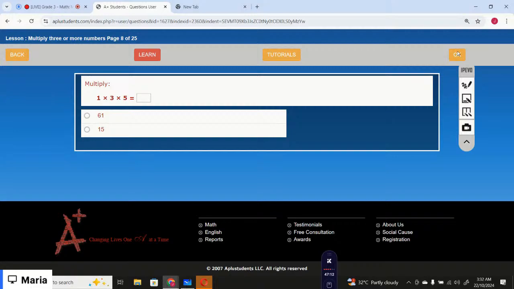1 times 3 times 5. Which is the correct option? 1 times 3 is 3 and 3 times 5 is 15.